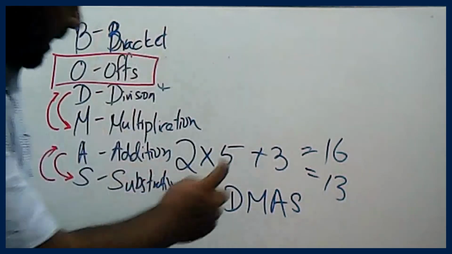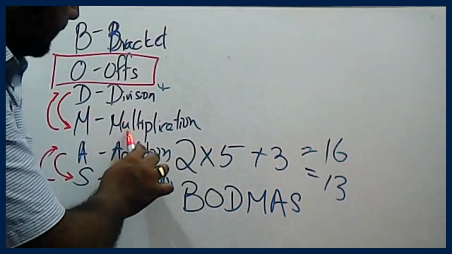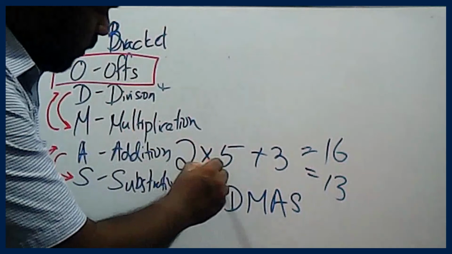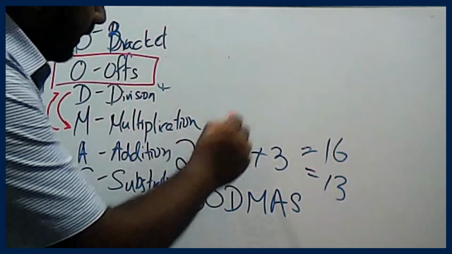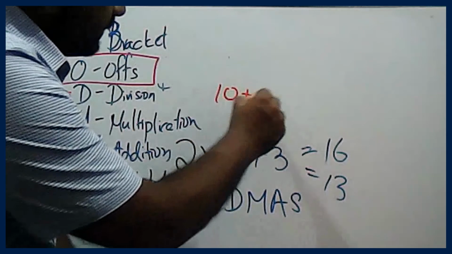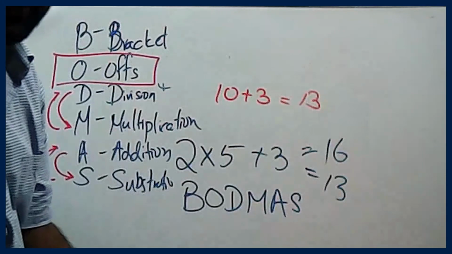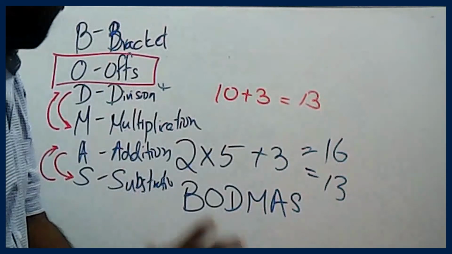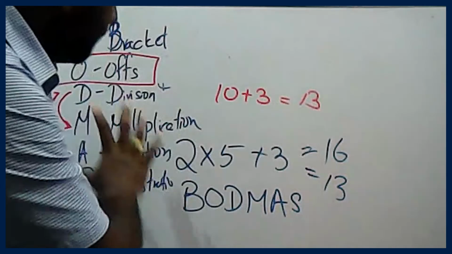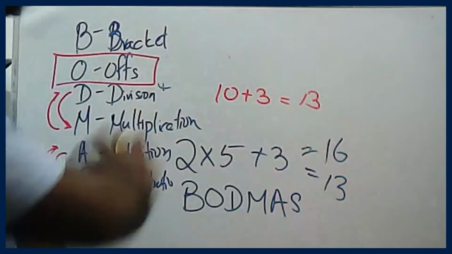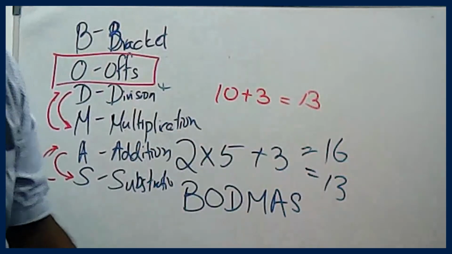So, what is the answer for this? According to BODMAS, you have to do multiplication first. 2 into 5, 10. Plus 3, the answer is 13. The answer is 13 because you have to follow BODMAS if there is something like this.